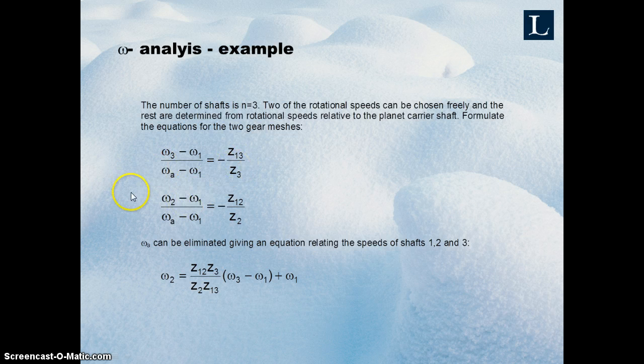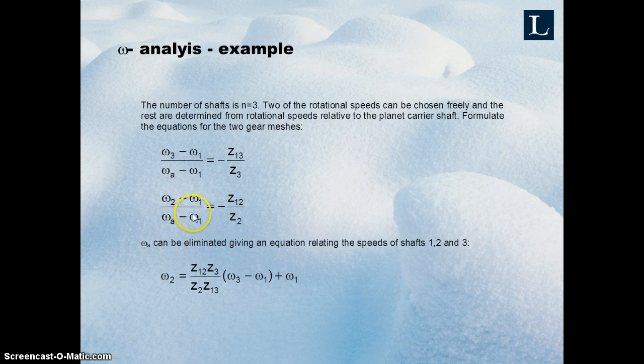The same goes for this equation, where we compare the speed of sun wheel number 2 with the angular speed of the planetary wheel, and in the same way we write this as a ratio between the gear teeth. Here you have a minus sign in both cases because both of the gears are external gears.